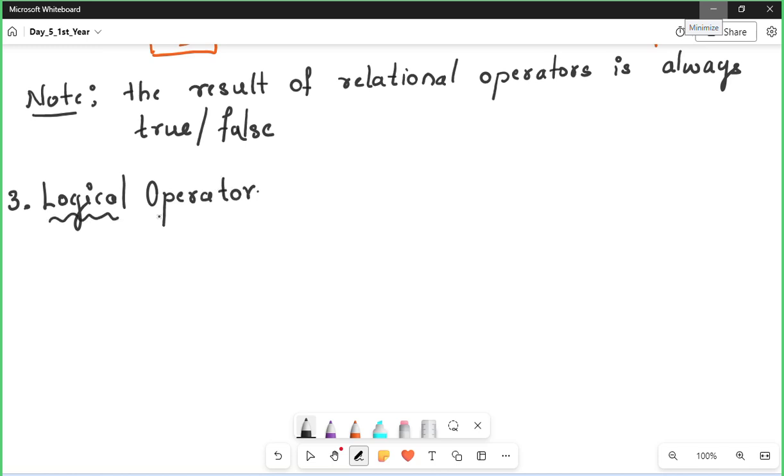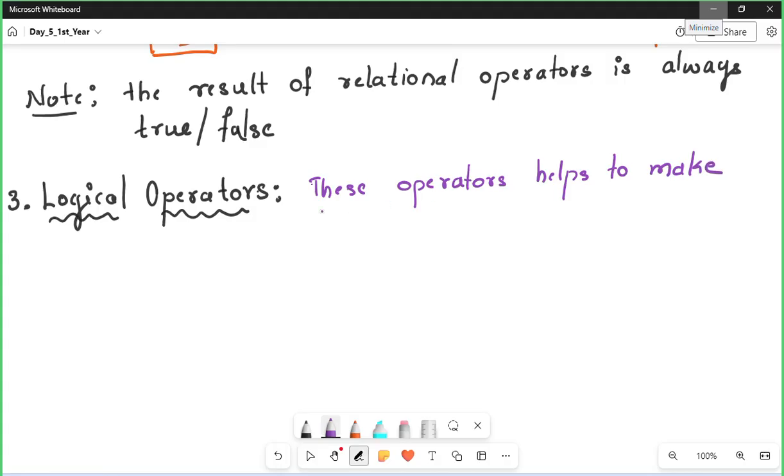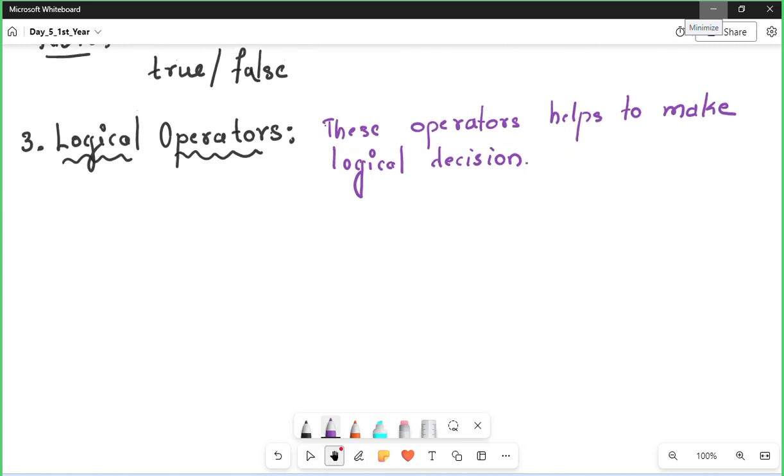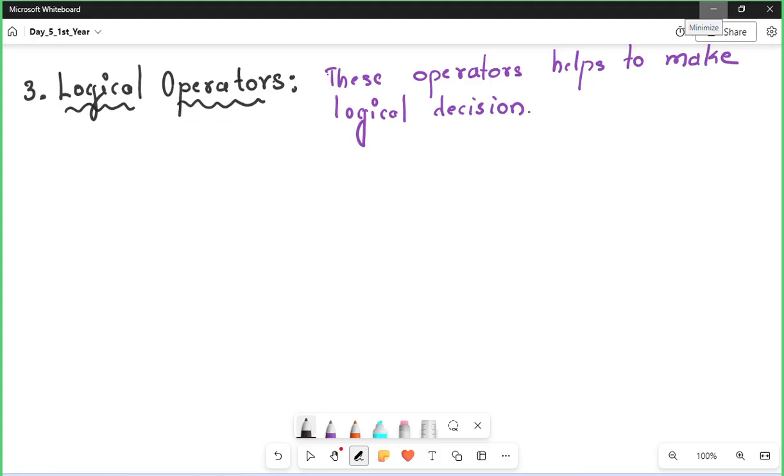These operators help to make logical decisions. Now let us understand how many are there inside this.